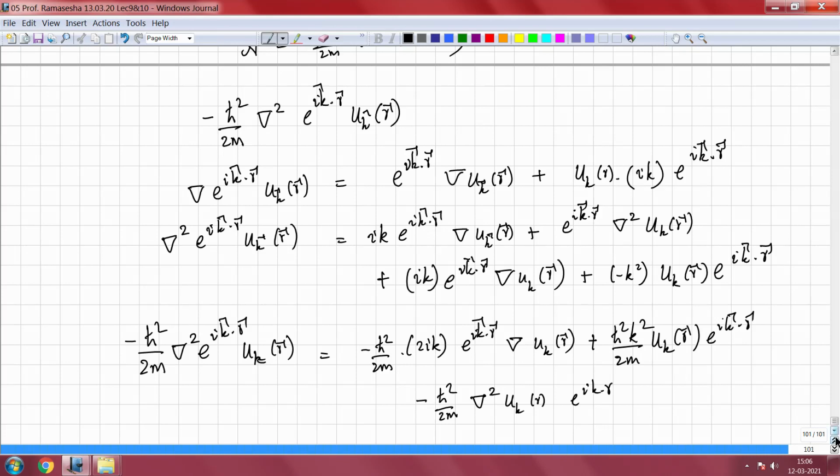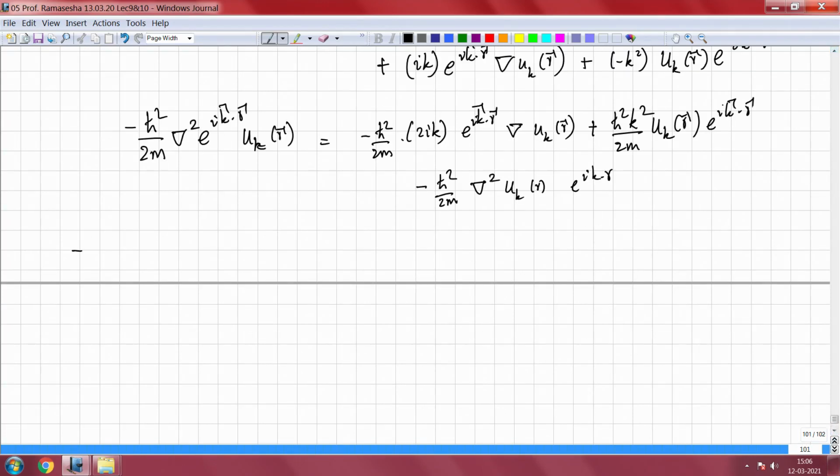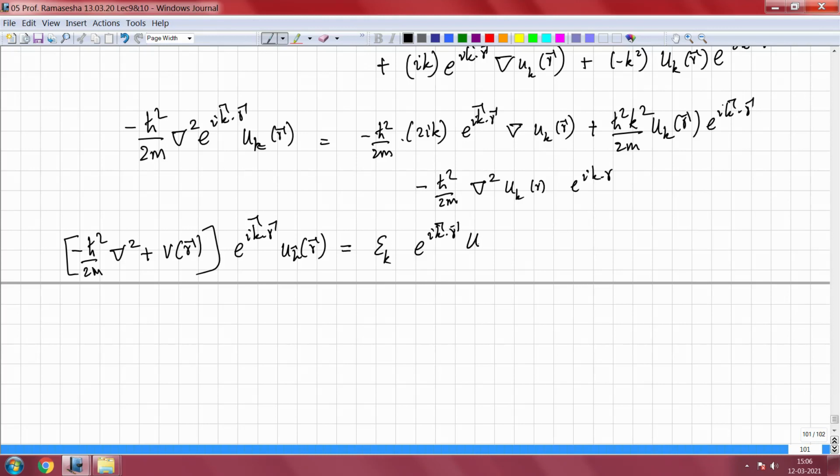So, I can stick it into the Schrodinger equation. I have minus h cross squared by 2m del squared plus V of r acting on e to the i k dot r u k of r is equal to E k e to the power i k dot r u k of r. I can cancel out e to the i k dot r.